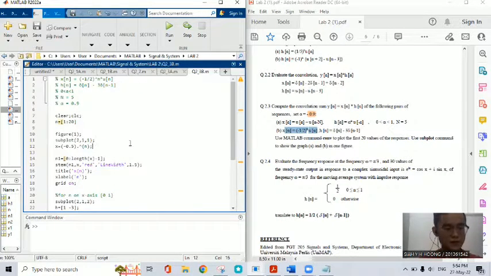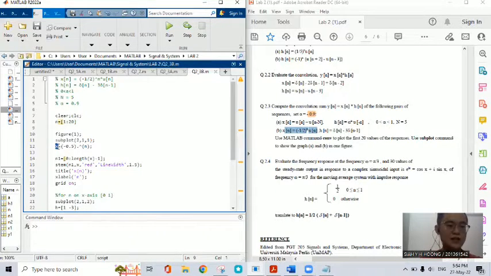For the input signal, since we don't have any hints to find the time shifting, and there is one n element inside the expression, we're going to write our expression into MATLAB.